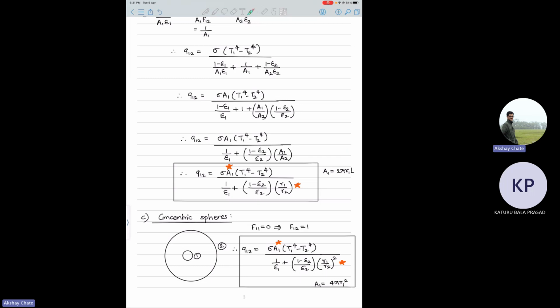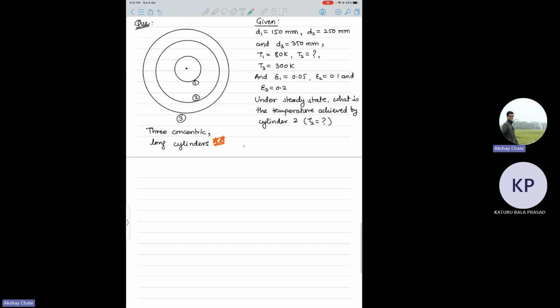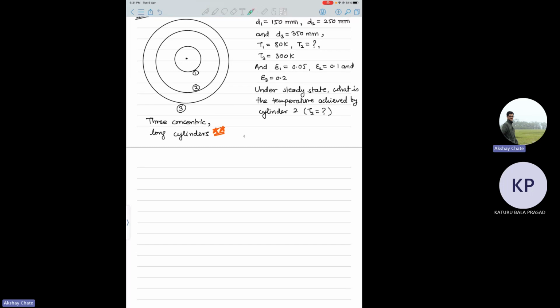So what we can do is consider two cylinders together. If you want to draw the thermal resistance network, it will look like this.